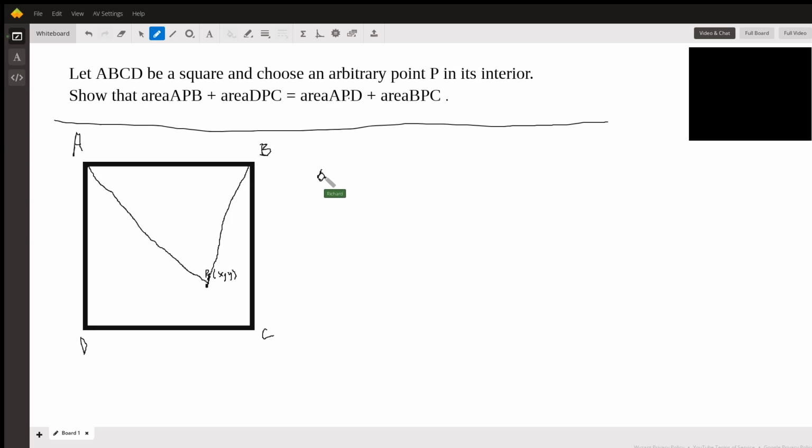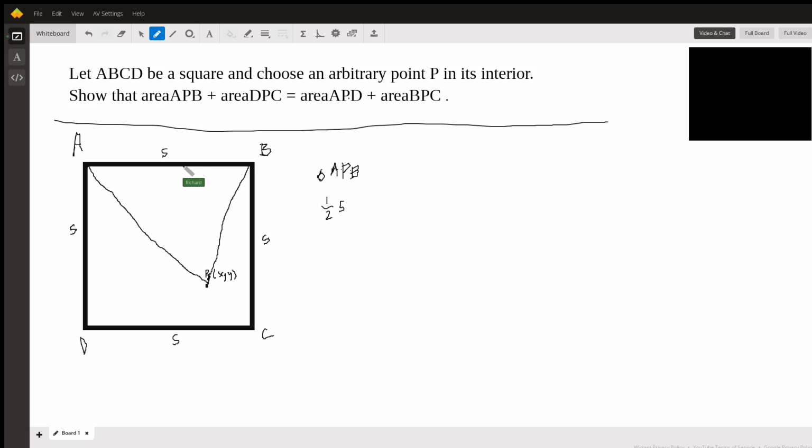So let's look at triangle APB first. And that's going to be 1/2 base times height, of course. Now the base here is going to be S, as this is a square, so every edge has a length S. So it's going to be 1/2 times S, that's the base.